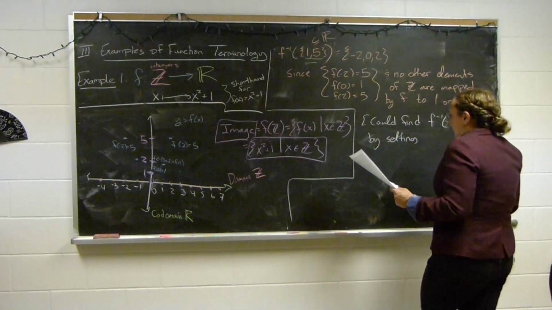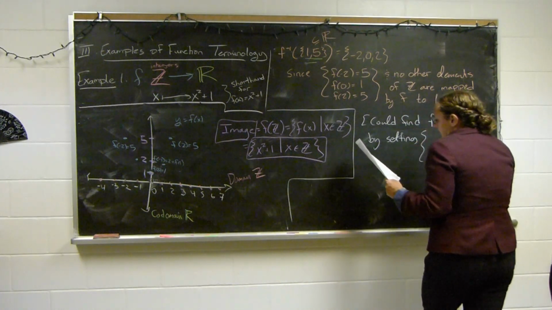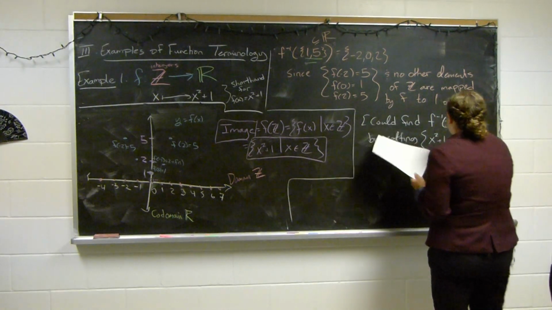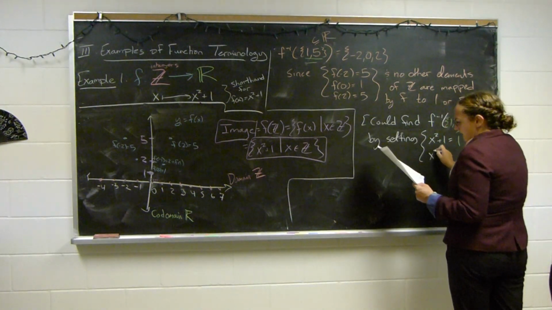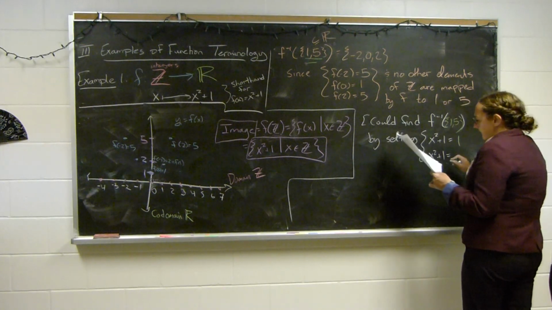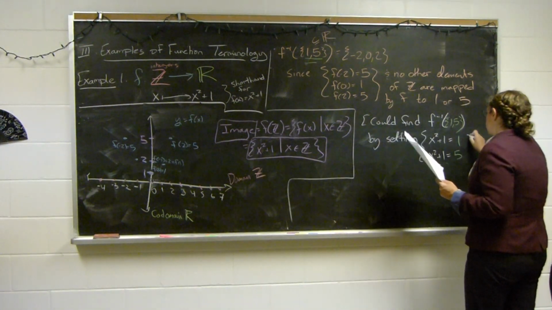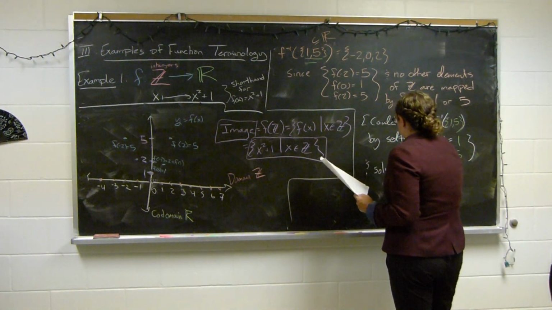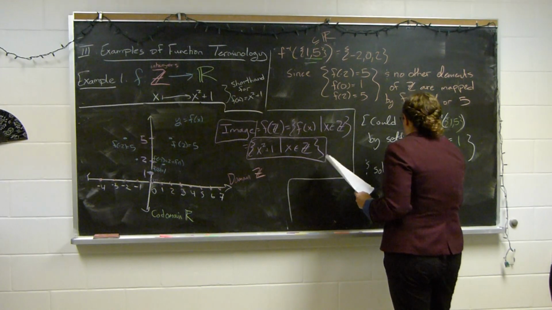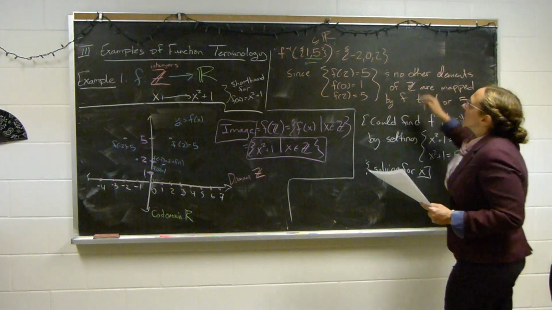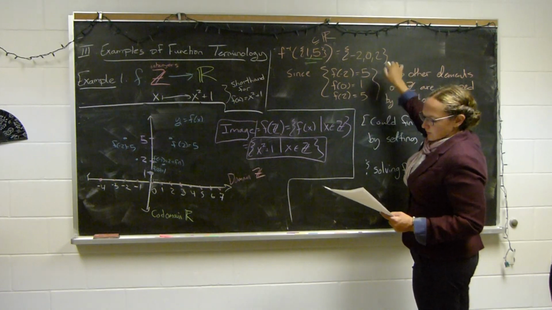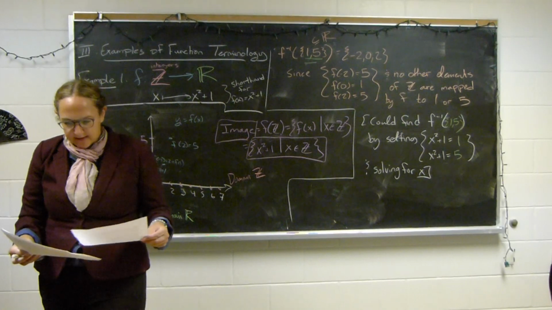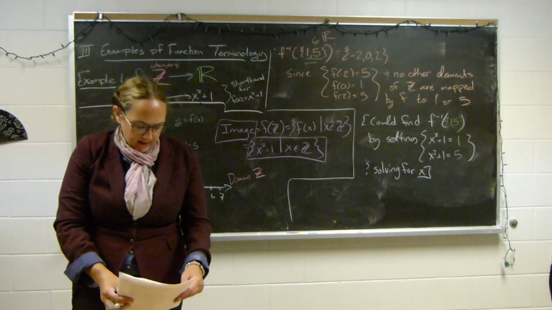So I could set x squared plus 1 equal to 1, and then x squared plus 1 equal to 5, and then solve for x. And you would get the same thing. You'd still get that only minus 2, 0, and 2 are going to get mapped to 1 and 5. Okay, great.